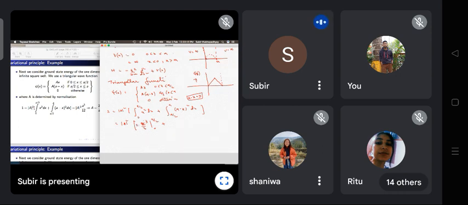Basically, you can put a 2 over there. So that means it is a cubed by 8 mod A squared, a cubed by 12, equal to 1. In other words, A is 2 root 3 by a to the power 3 by 2.